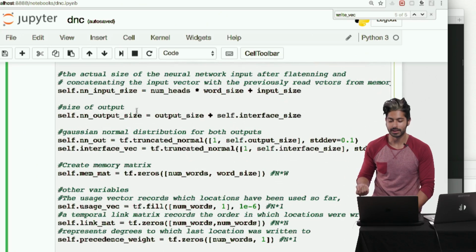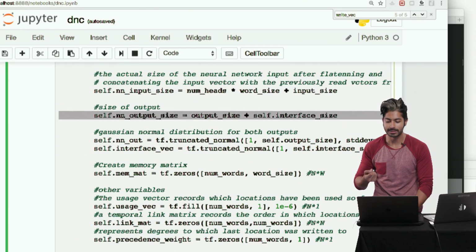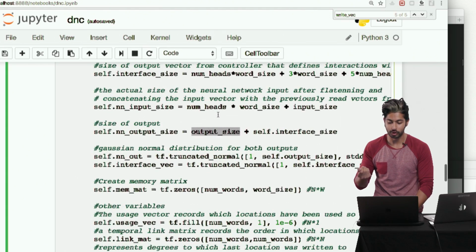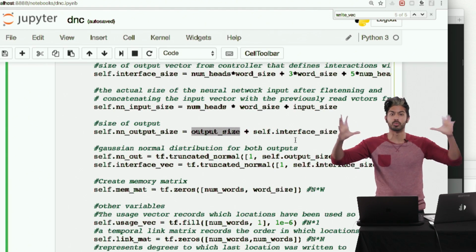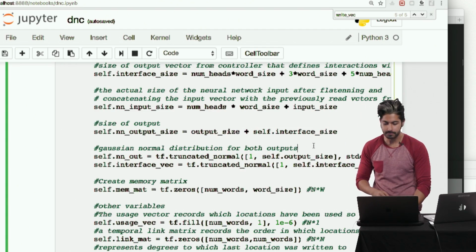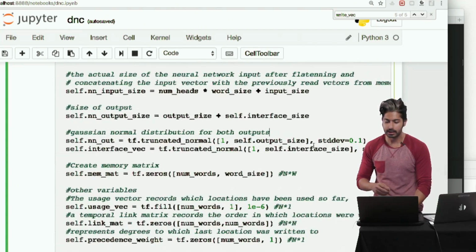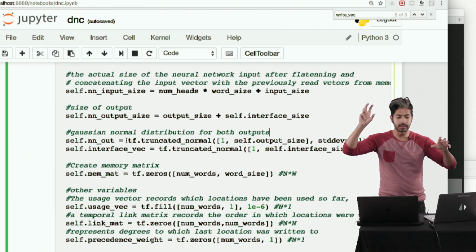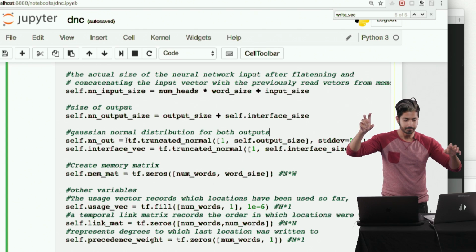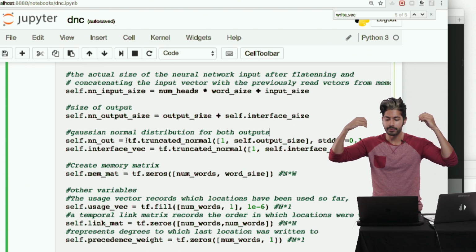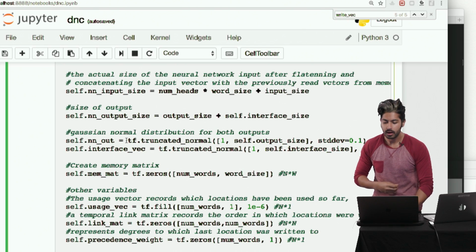And then the output size. What do we want the output size to be? Well, it's going to be the size of the output that we defined earlier, plus the interface size, because it's one big vector that we can split and use later on. Then we define a distribution on both outputs, both the prediction and the interface.